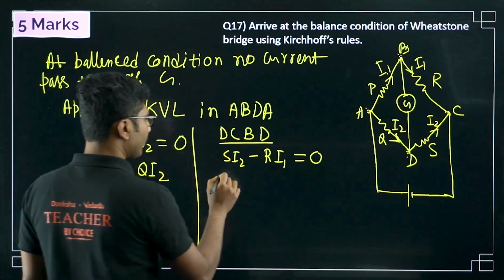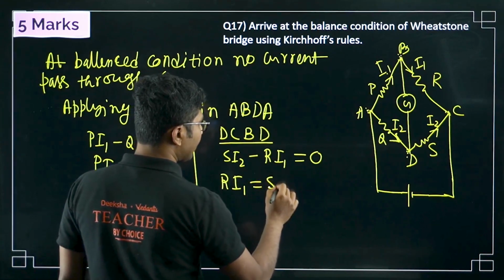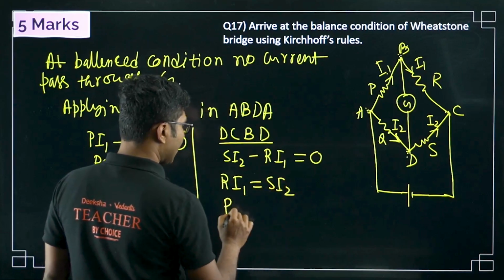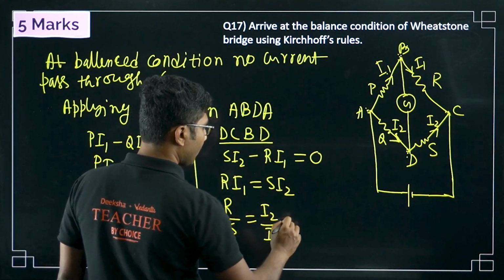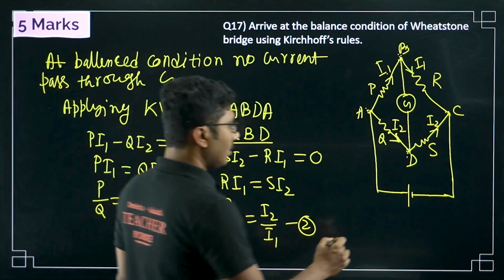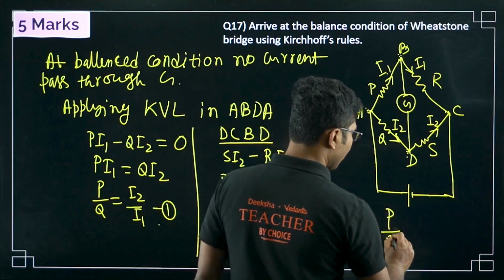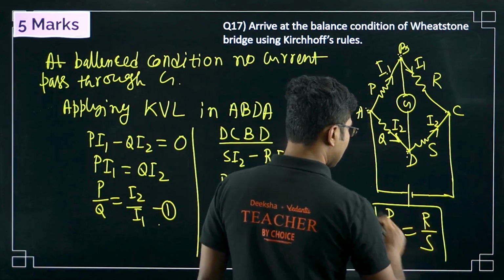Now again we have to solve it. I2 S equals I1 R, or R by S equals I2 by I1. So this is equation 2. Comparing 1 and 2, we get P by Q equals R by S. This is the condition for balance.